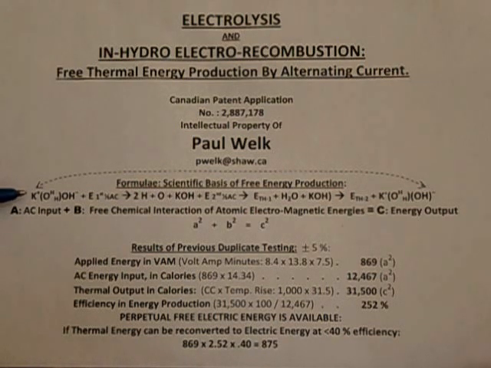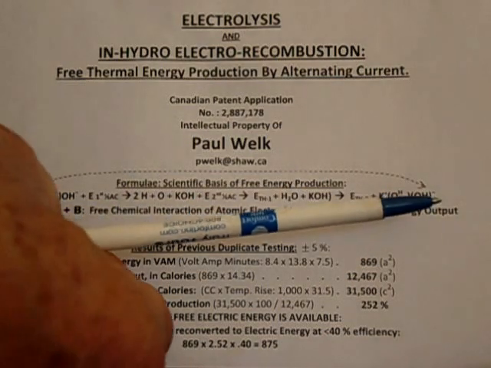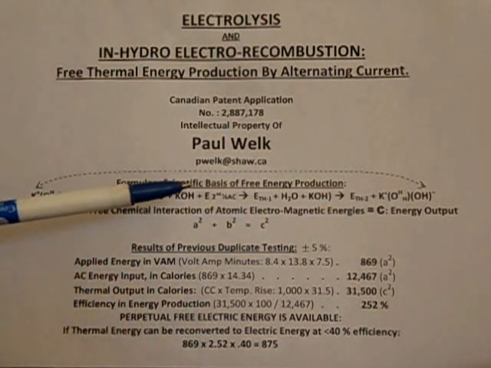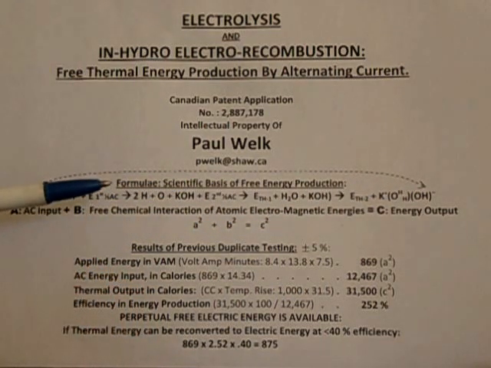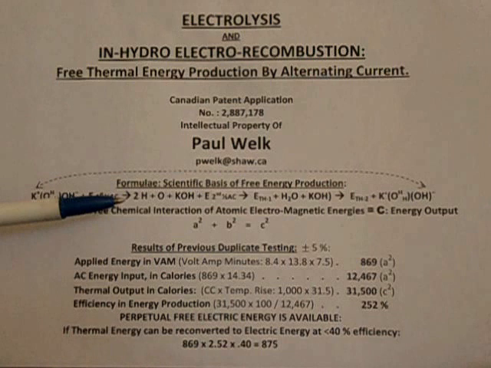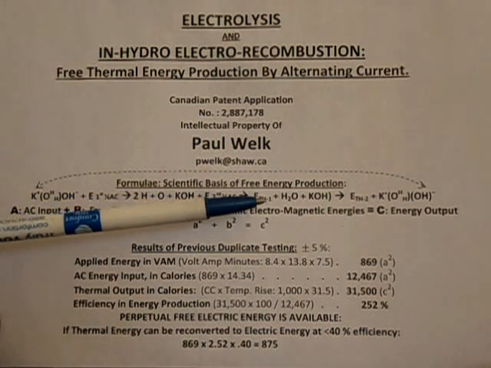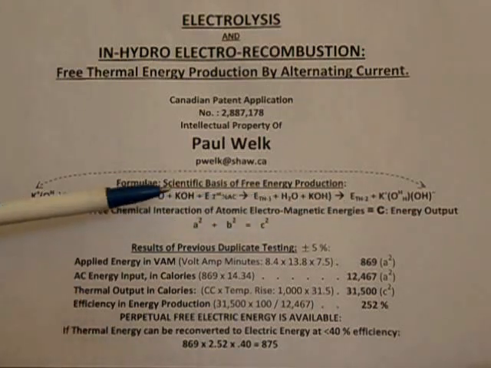We start out with potassium hydroxide, which is exposed to electricity, alternating current, and we end up again with potassium hydroxide and an energy which is higher than the energy that we started out with. The energy is derived from the secondary energy source, which is the chemical interaction of atomic electromagnetic energies of elements.